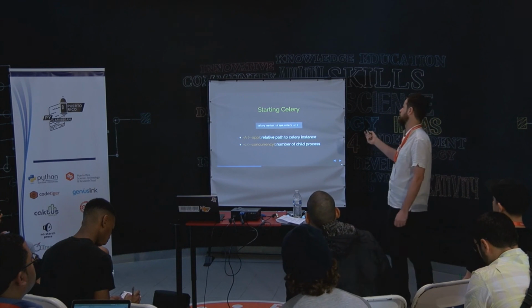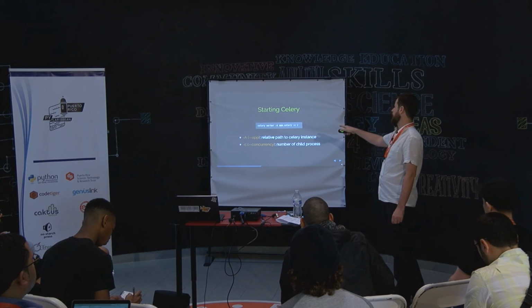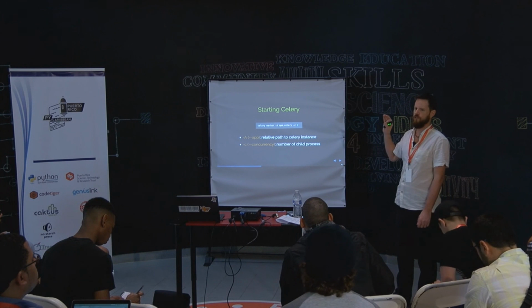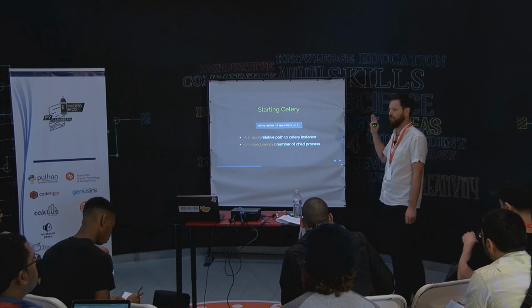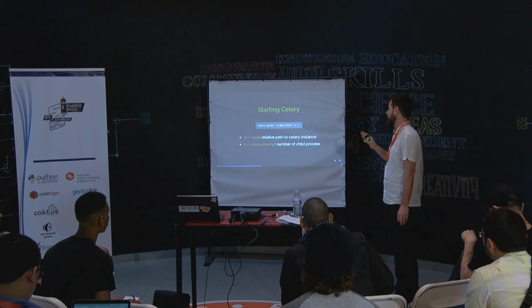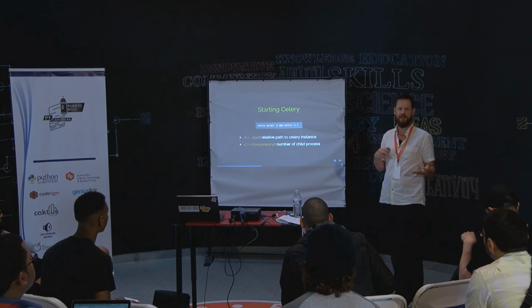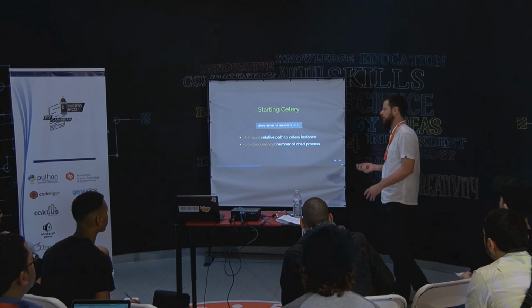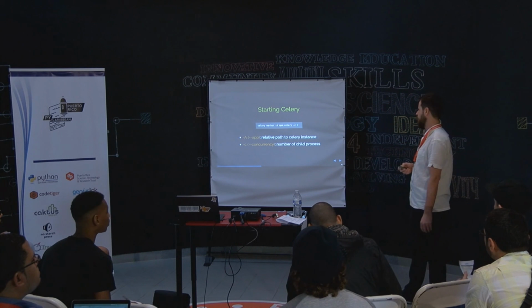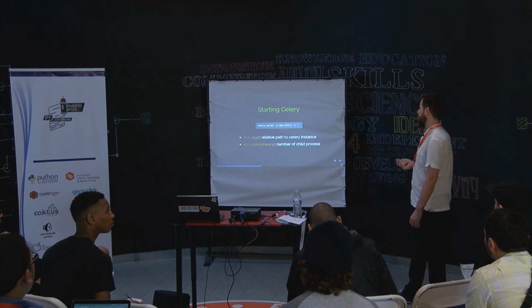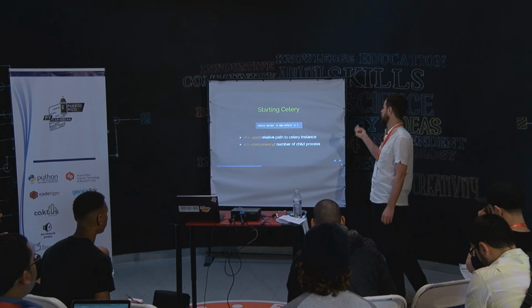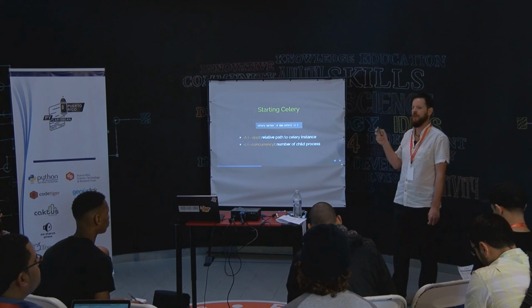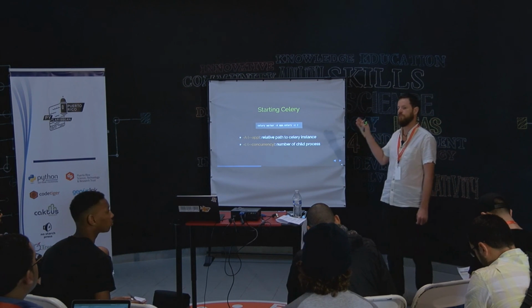You pass this app flag here, and this is usually one of the first pitfalls or mysteries when people encounter Celery. If you don't get this right, Celery will complain about relative imports, and you'll get some funny-looking output. So what we're actually doing is specifying the relative path to the Celery instance from where we start the worker.